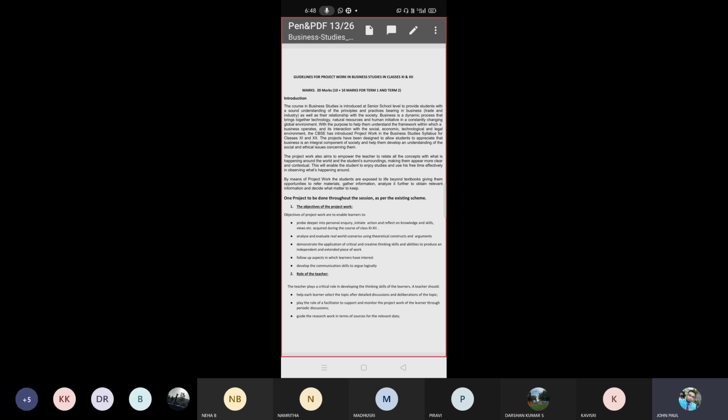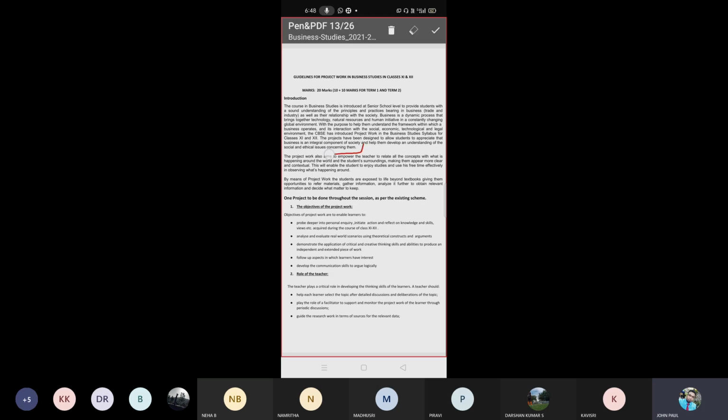The CBSE has introduced project work in the business studies syllabus for grade 11 and 12. Projects have been designed to allow students to appreciate that business is an integral component of society and help them to develop an understanding of social and ethical issues concerning them.